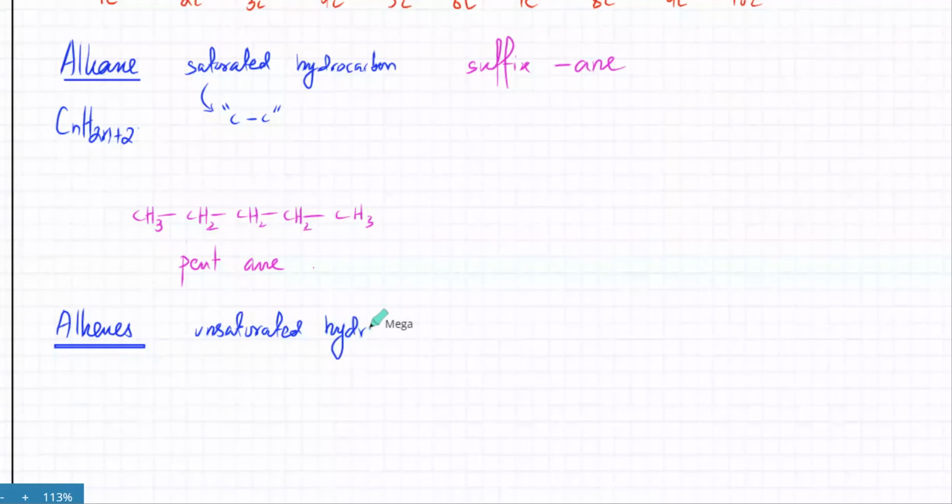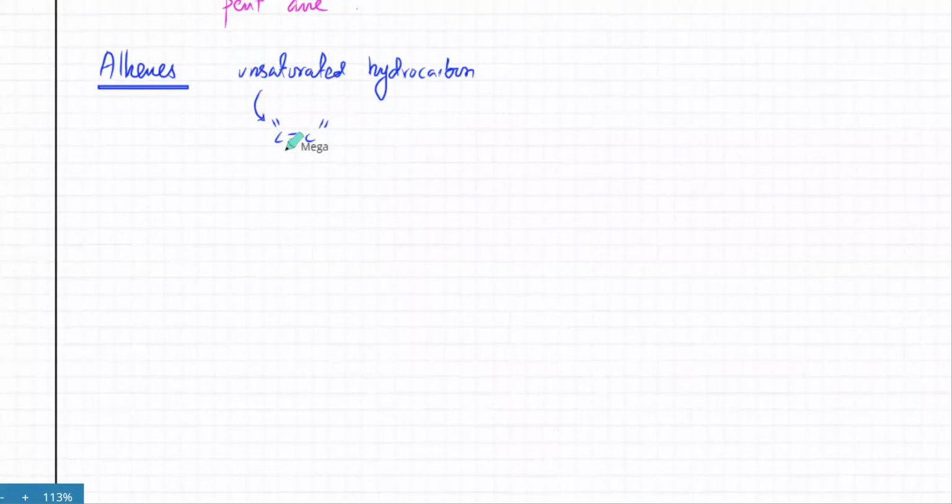Unsaturated meaning that it has at least one carbon-carbon double bond. So over here, let's have a molecule. Things will be slightly more complicated.